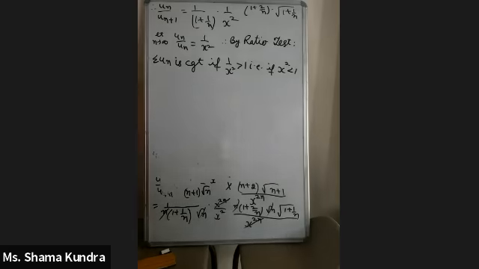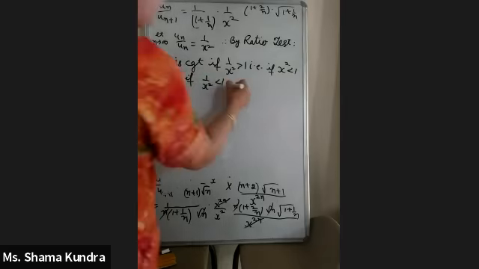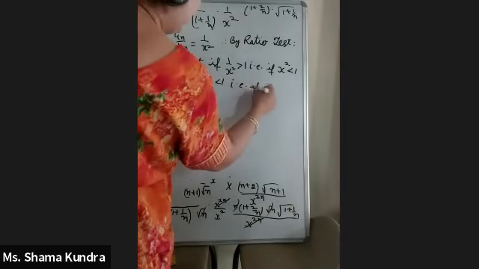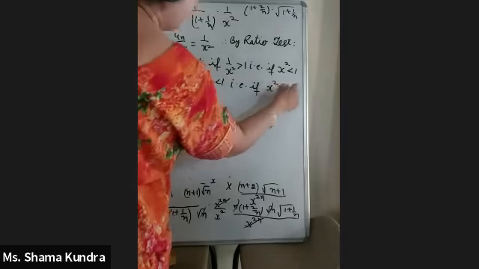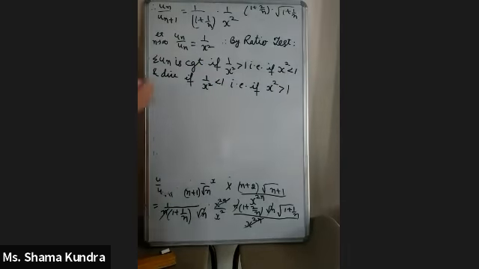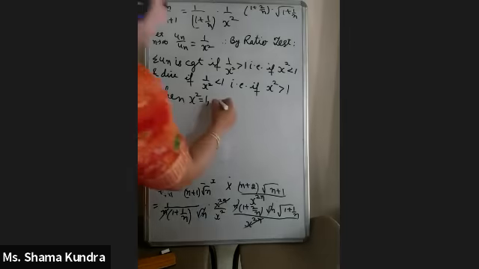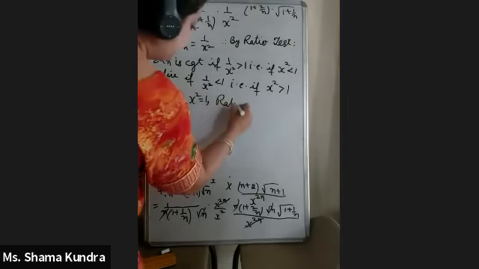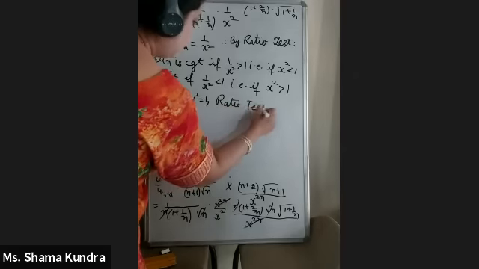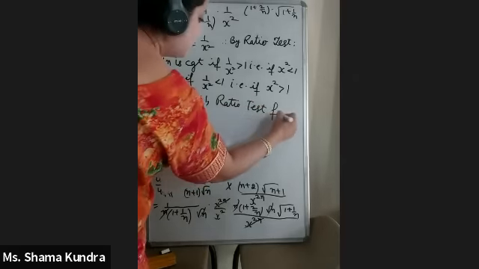Now it is divergent if 1 over x square is less than 1, that is, if x square is greater than 1. When x square equals 1, the ratio test fails.